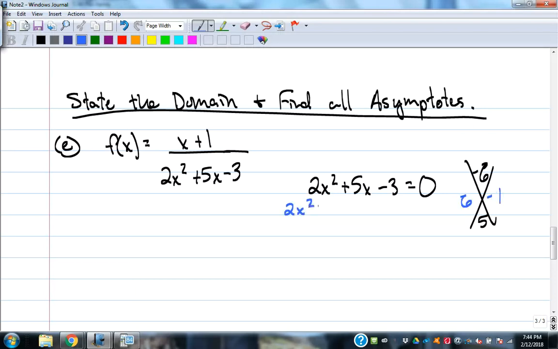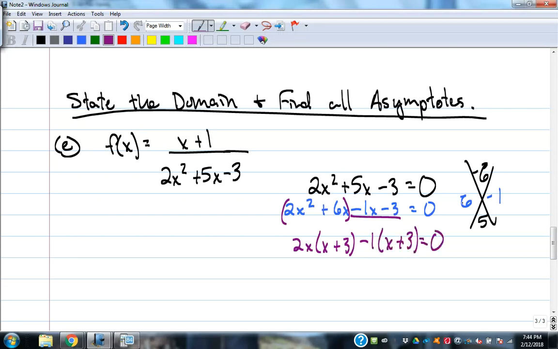So I'm going to put 2x squared plus 6x minus 1x minus 3, and group that. 2x times x plus 3, minus 1 times x plus 3. So I group 2x squared and 6x together and pull out the GCF of 2x, leaving the x plus 3. These two have a negative in common, so -1 comes out, and that's x plus 3. And then my factors become 2x minus 1 and x plus 3.